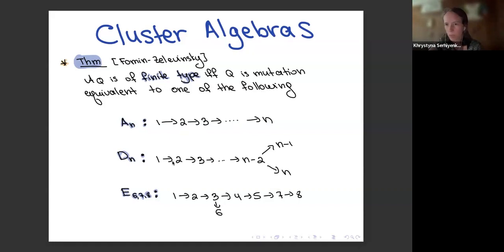I'm not sure if you're familiar with that. Tau-tilting modules are modules such that Hom from M to tau M is 0, and the maximal such modules correspond to clusters. The indecomposables will always be tau-rigid, so they correspond to cluster variables.